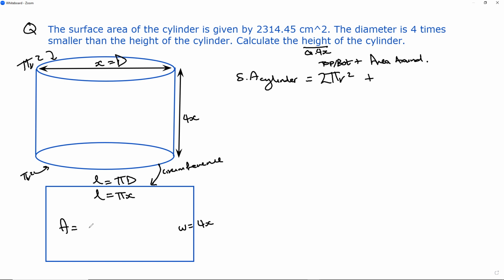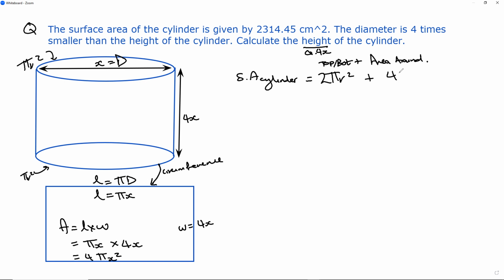So the area will be given by length multiplied by width. So that's going to be pi x multiplied by 4x, which will end up as 4 pi x squared. And that's going to be the area around. 4x multiplied by pi x, not x, just pi x, because pi times d is my circumference.